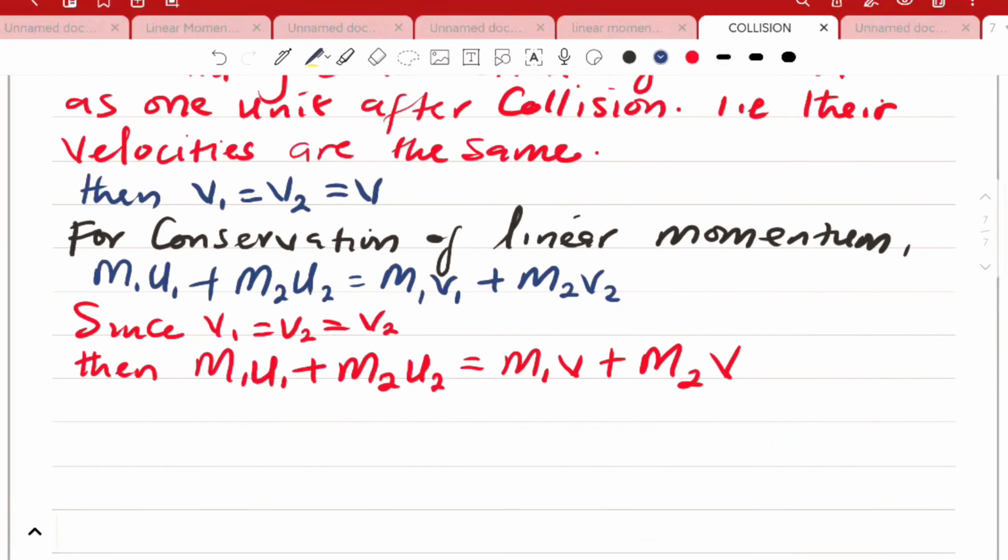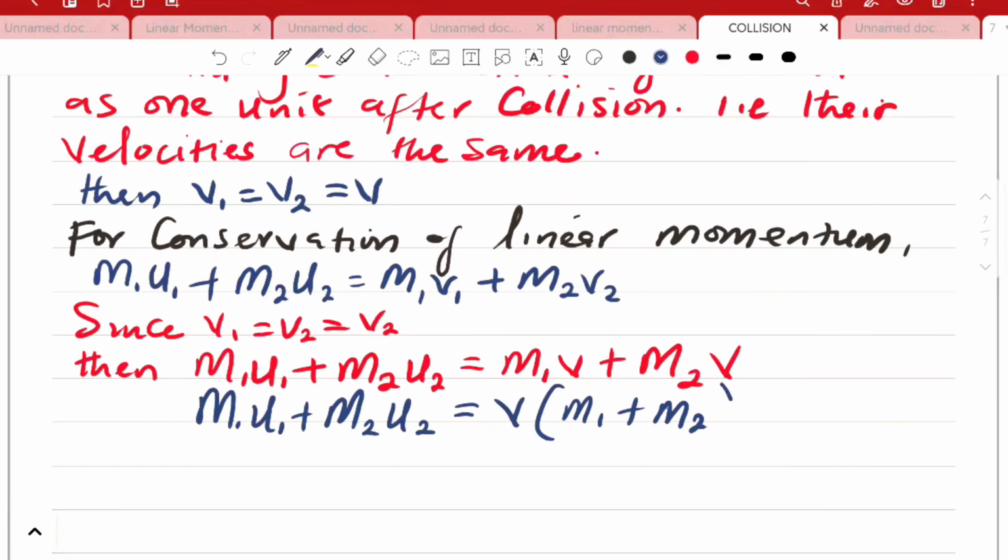Now M1 U1 plus M2 U2 will equal V into M1 plus M2.